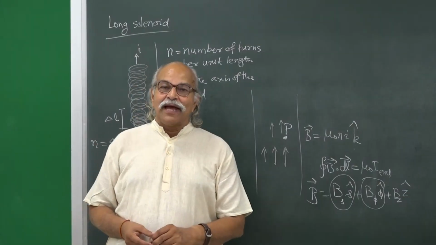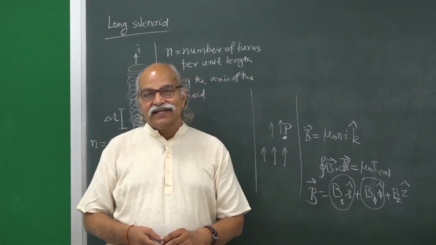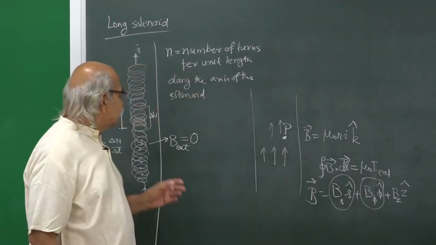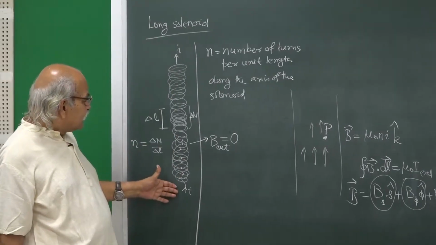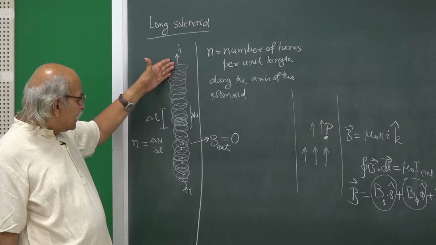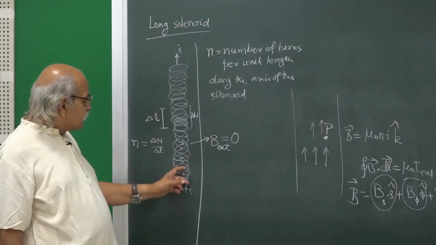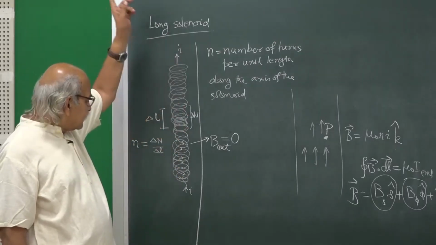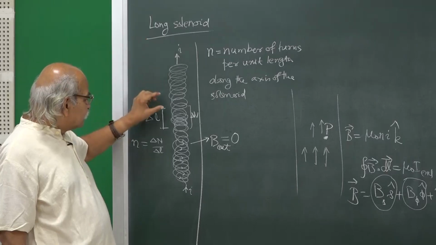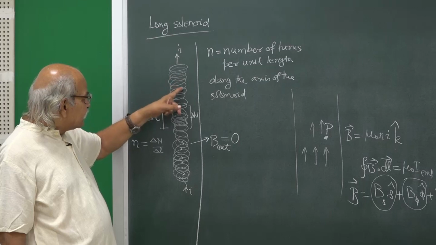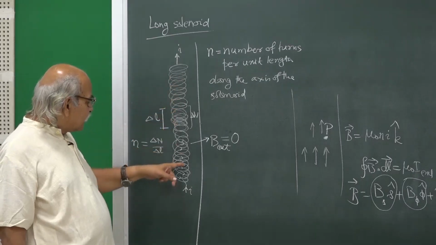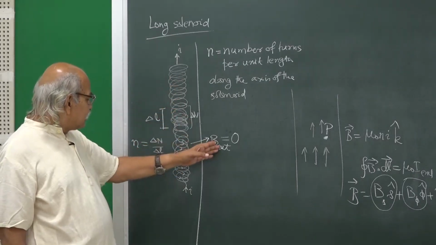So, let us go back to our solenoid carrying a current. We had made this diagram here, a long solenoid, and there is a current in each turn. We wanted the magnetic field inside this solenoid, and outside we have taken it as 0.